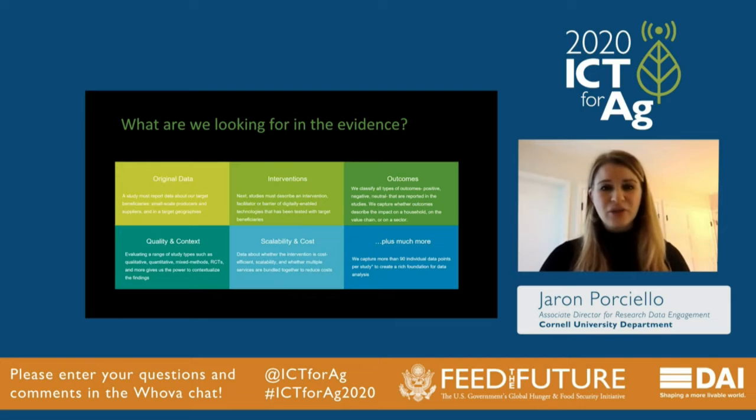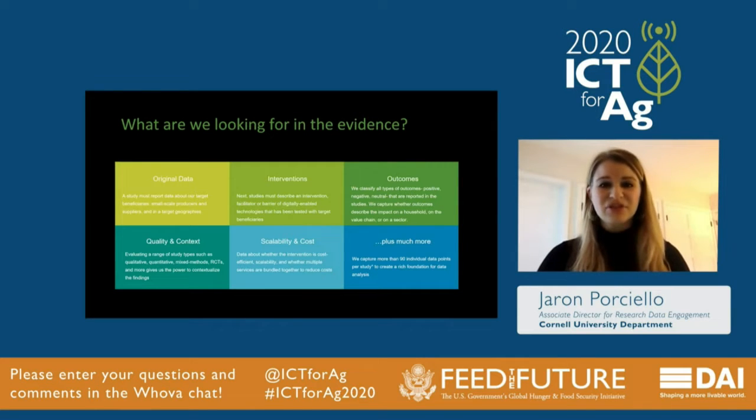But by and large, I want to go over a few pieces that we're actually interested in evaluating across a variety of different studies. So we're looking for studies that have original data. A study must report data about target beneficiaries, small-scale producers and suppliers, and be in the target geographies. We're also interested, obviously, in specific interventions.